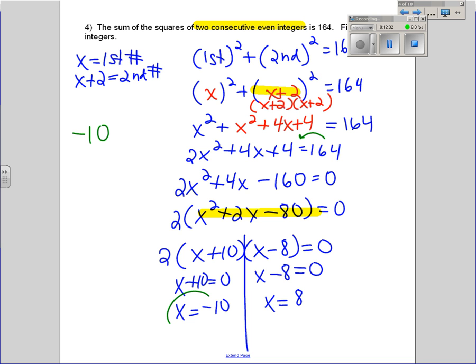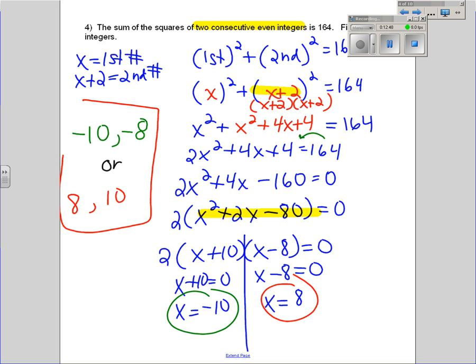If x was negative 10 and I add 2 to it, the next number would be negative 8. The other answer, if I'm now going to use x to be 8, would be if x is 8, then the other number would be 10. And that makes sense because if I square both of those numbers and add them together, I get 164. That's it. Good luck with the homework.